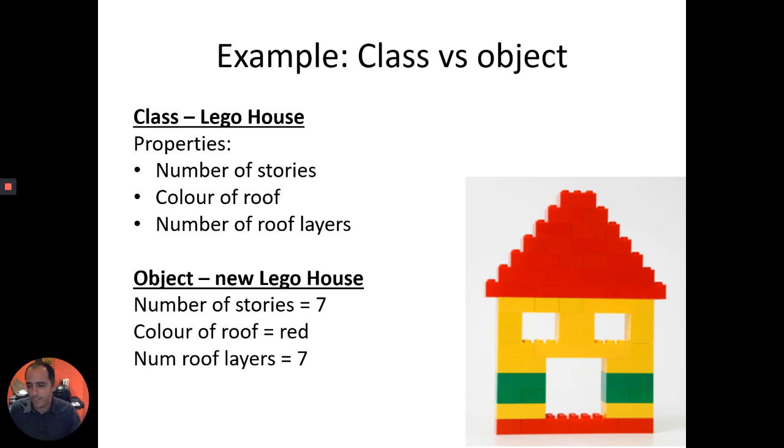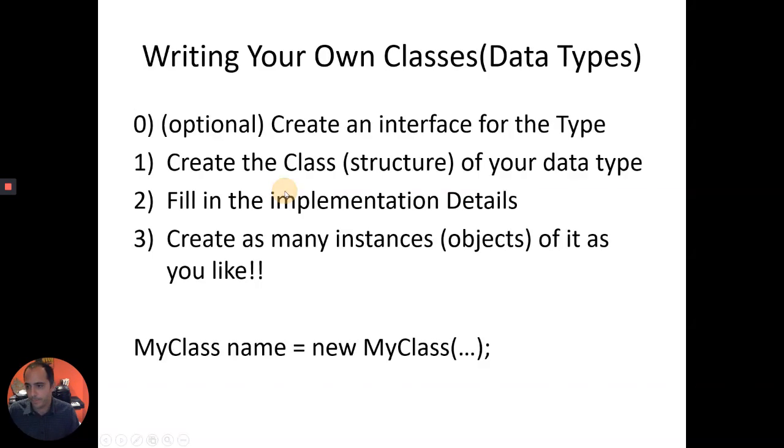And if I don't have information in this blueprint for a Lego house, I cannot create something different. If I wanted to create a Lego house with 3 windows, I couldn't do that based off of this blueprint, because this blueprint only creates a house based on the properties that are contained in there. Hopefully that makes a little bit of sense.